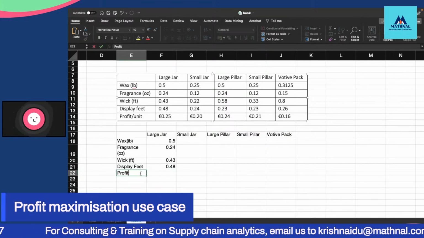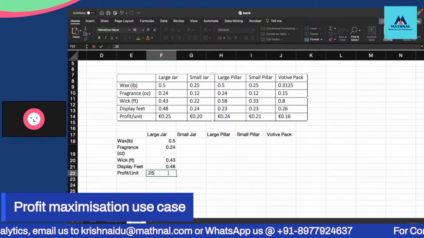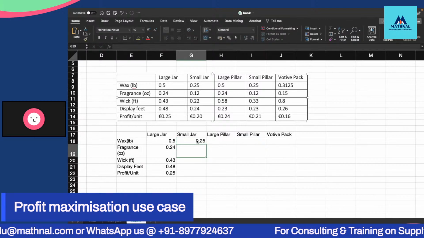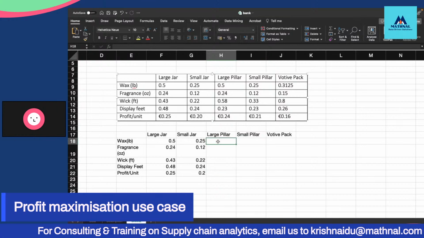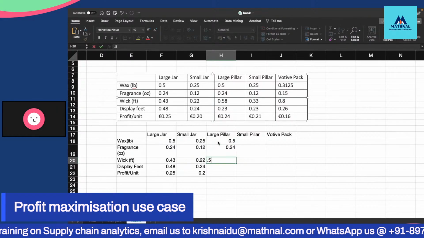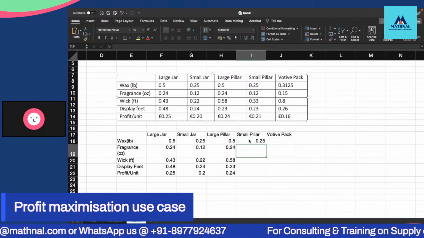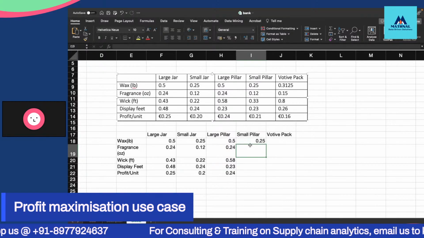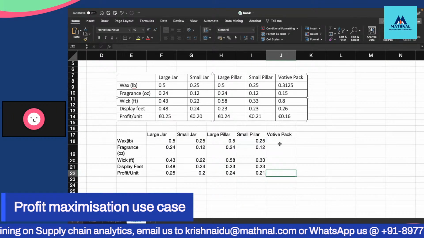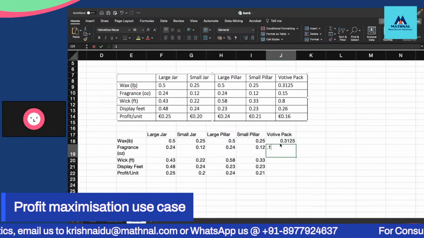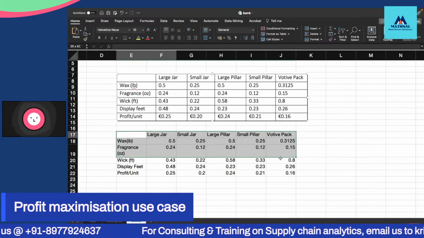I'll put the profit per unit. This is all in pounds. Right, so now we have our matrix ready.